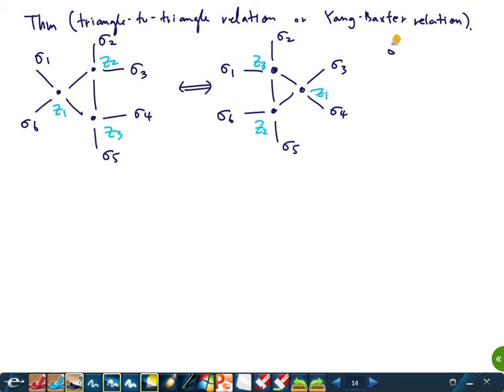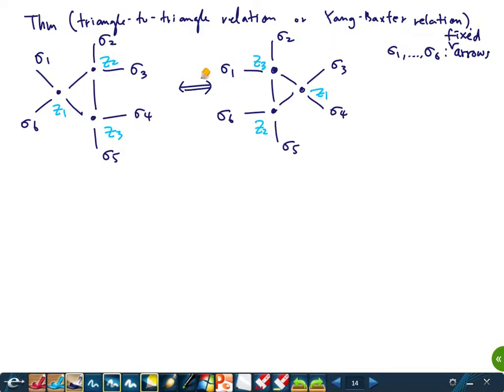So here sigma 1, sigma 6 are fixed arrows. Their orientations are fixed. If this is an incoming arrow, then it must be this. So I'm not going to draw specifically. It should be understood that their orientations are fixed.